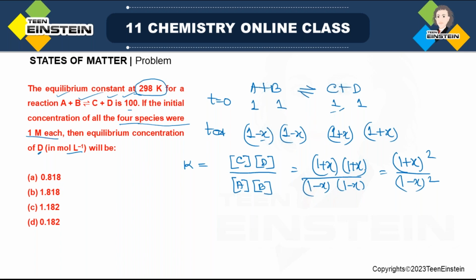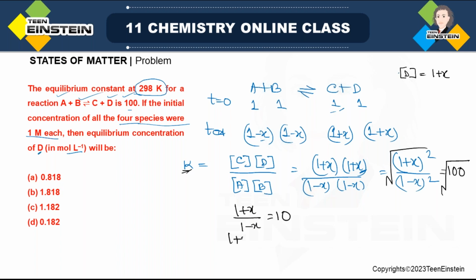So somehow if we know what is the value of x, then you can find concentration of D. Now this value is 100. So if you take the root on both sides, it will be simplified to 10. That means 1 plus x.